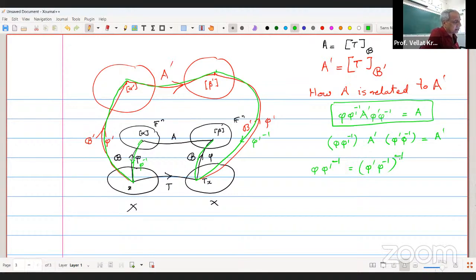Therefore, I can rewrite this as phi prime phi inverse A phi prime phi inverse is A prime. You see that when you take the inverse, the order changes. What about phi prime phi inverse?